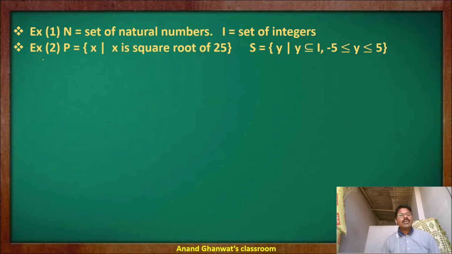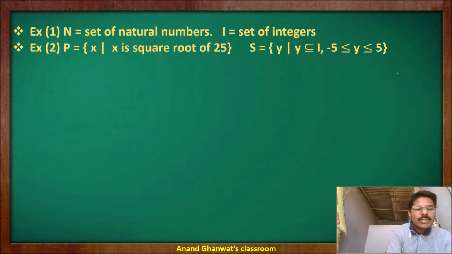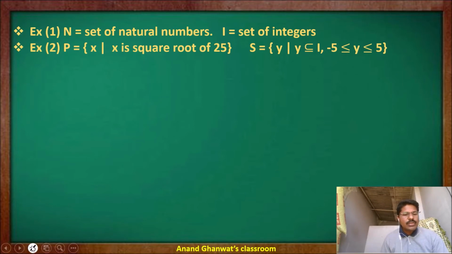Second example, that is set P is a set of all x such that x is a square root of 25, and set S is a set of all y such that y belongs to I, -5 is less than or equal to y is less than or equal to 5. Therefore, let us write both the sets using the listing method.